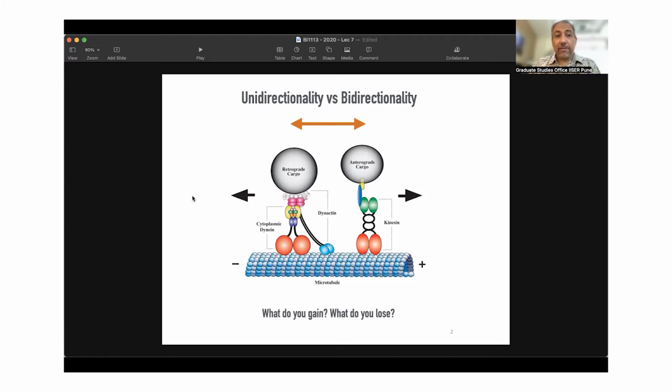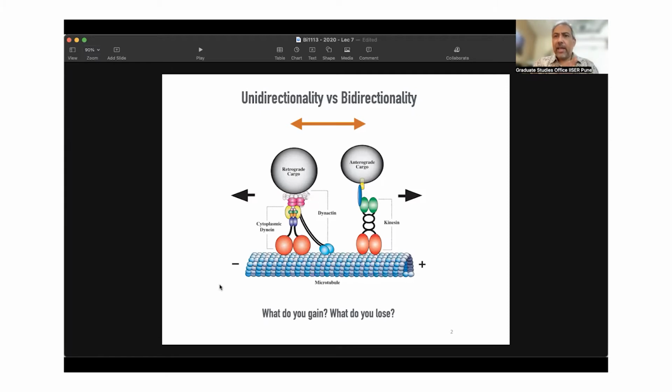Okay. Then bidirectionality, if anything, requires that when I sit on the track, the motor protein needs to get information saying which direction am I going now, right? Because it should go either direction. So it needs some information coming in that allows the motor protein to know this is the direction it's heading in.